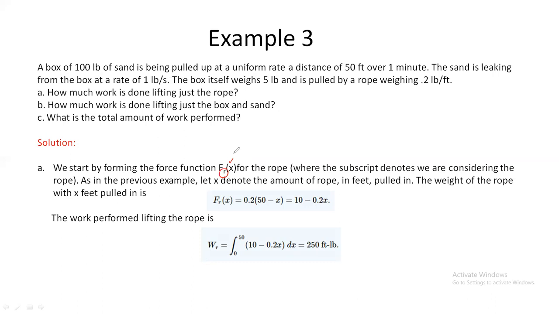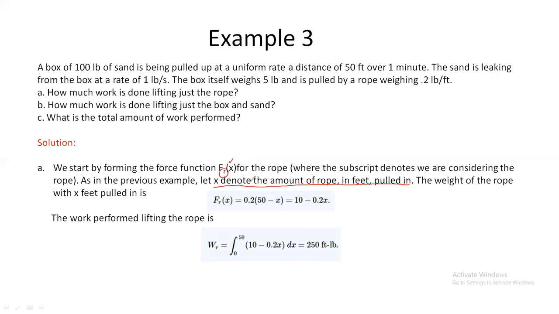So what is this force that you are exerting on the rope as a function of the displacement of the said rope? Now, as in the previous example, let X denote the amount of rope in feet that is pulled in already.